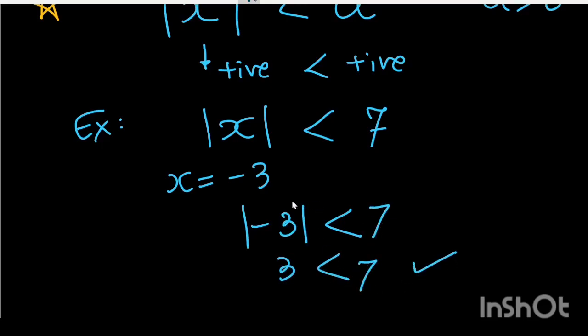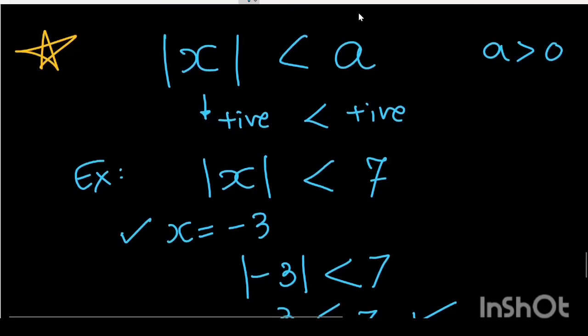So x equals minus 3 is a solution. In a similar way, there may exist other solutions as well. So the question is, how do we get the solution of this kind of inequality, |x| less than a or less than or equal to a, guys?